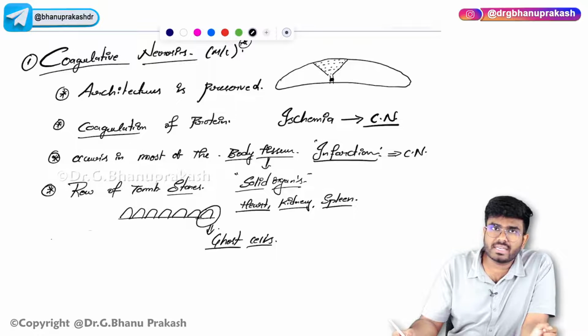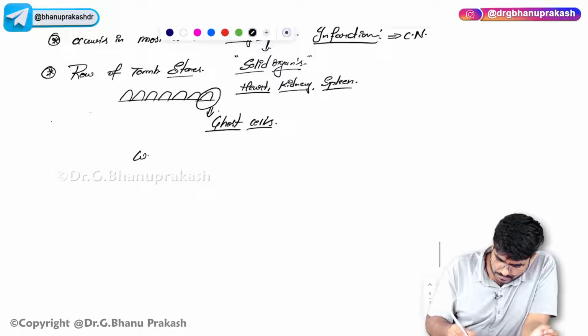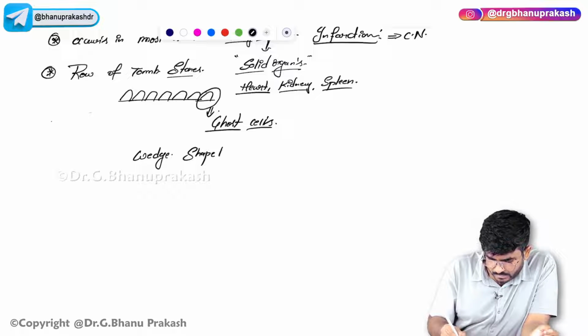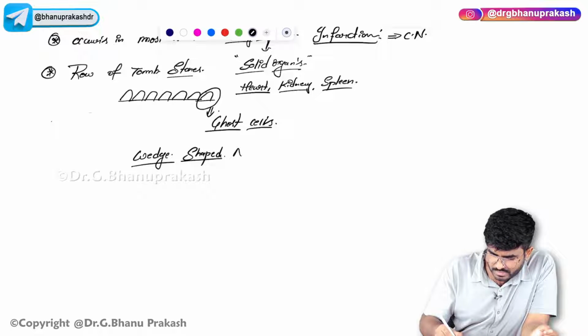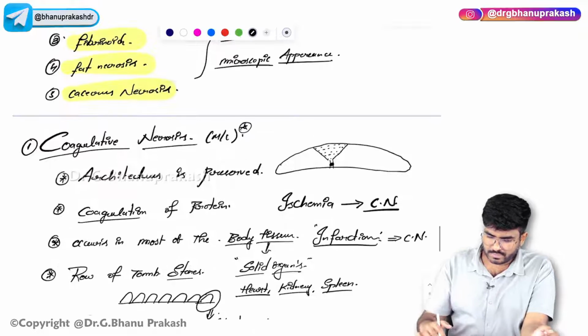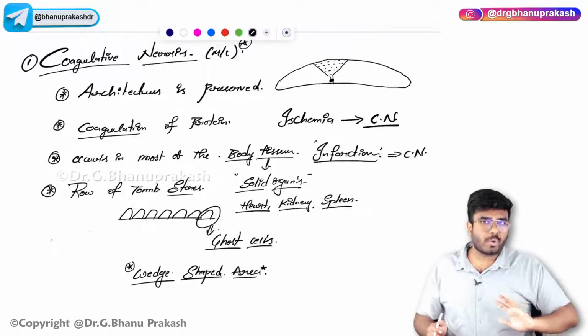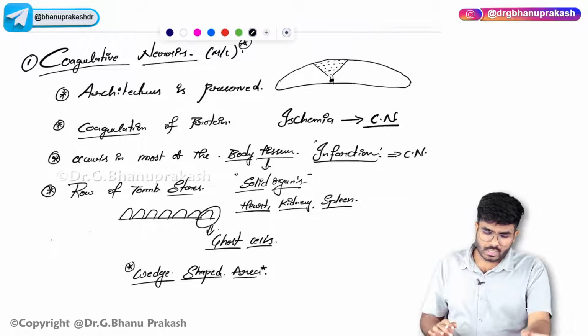The infarcted area will look like a wedge shape. So, whenever you see on the gross morphology that the necrosis is happening in the form of a wedge shape, it's coagulative necrosis seen in solid organs.